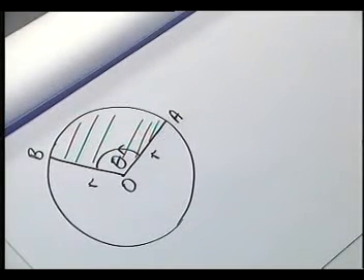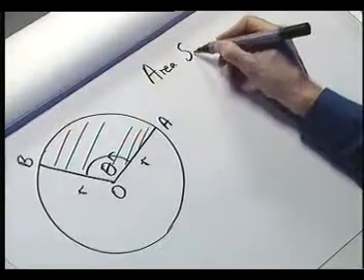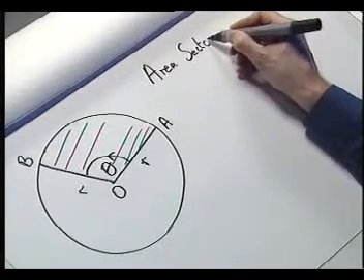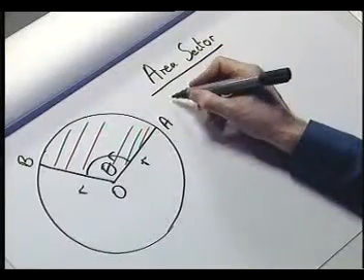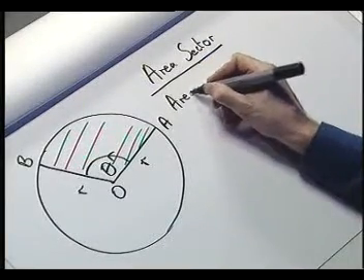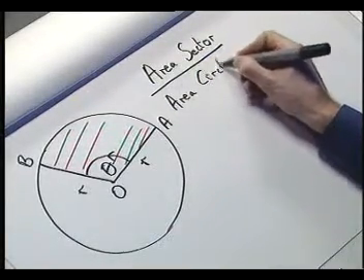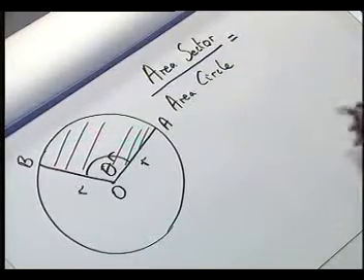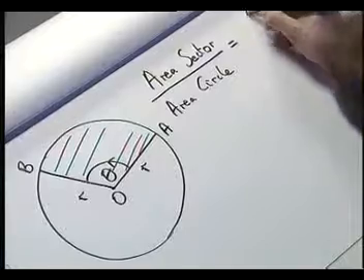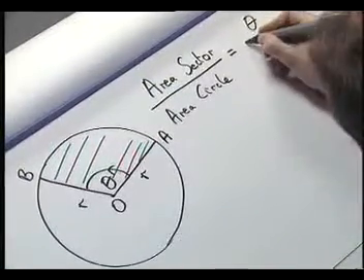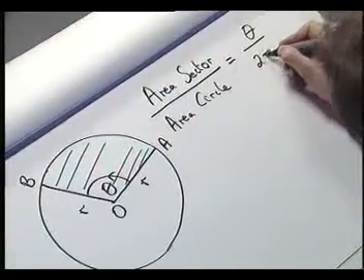Well, the area of the sector as a proportion or a fraction of the area of the circle must be the same fraction, the same proportion as the angle is of 2 pi all the way round.